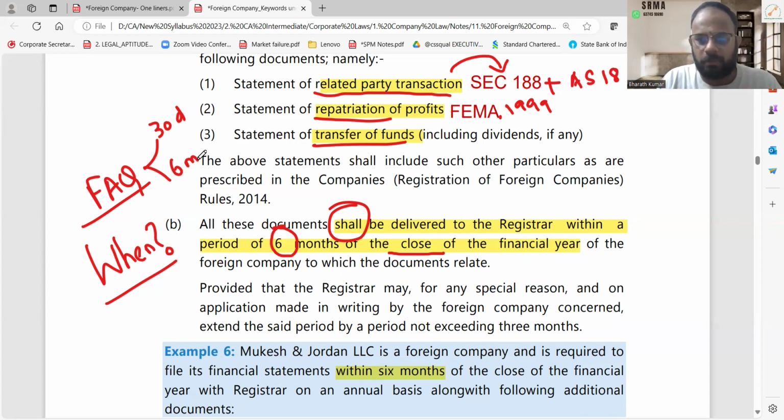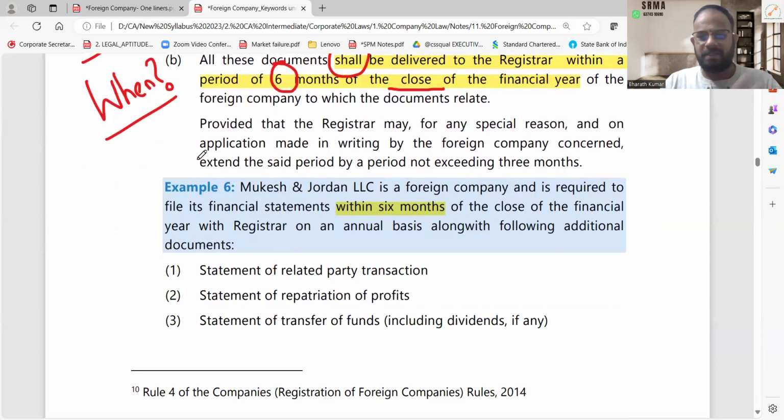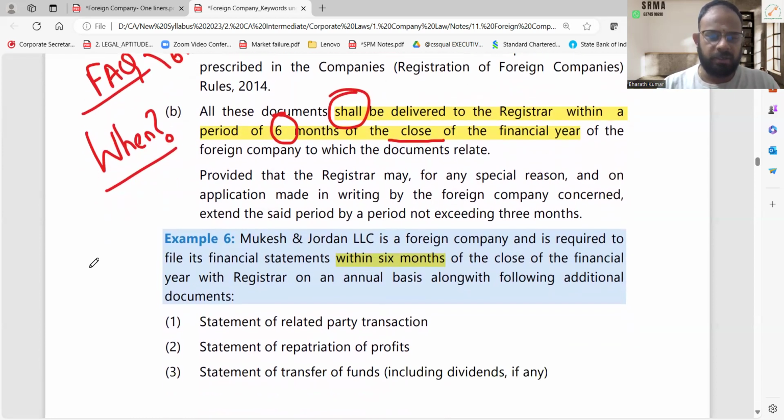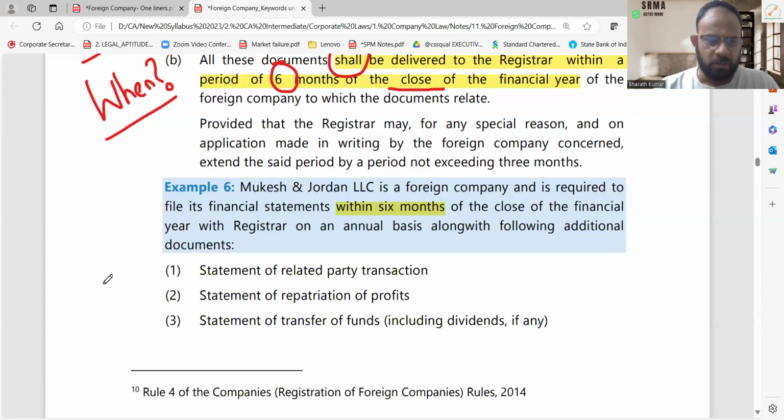This is the overall documents that you will submit with the registrar. That is one example as well. Book back question also is there. Everything is 6 months of the close of the financial year. What are the 3 statements? RPT, related party transaction, repatriation, and transfer. RRT is how you will remember.